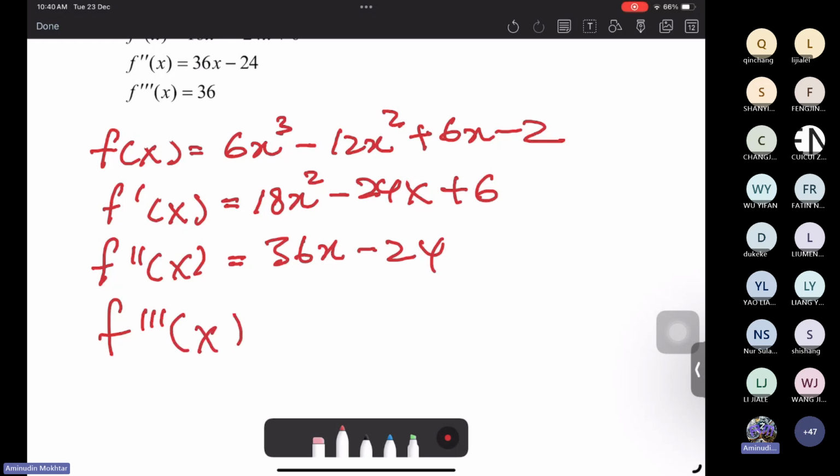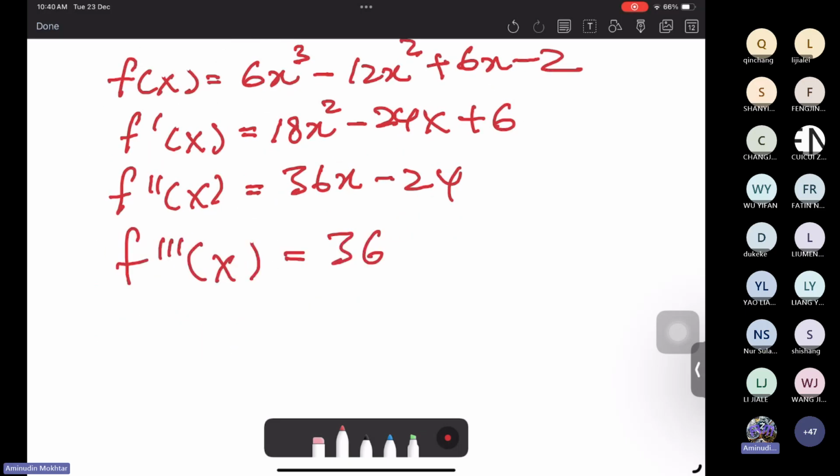And then the third derivative, f triple prime of x. We take one more derivative of the second derivative, the differentiation of 36x minus 24. This equals 36, since the derivative of 36x is 36 and of 24 is 0.